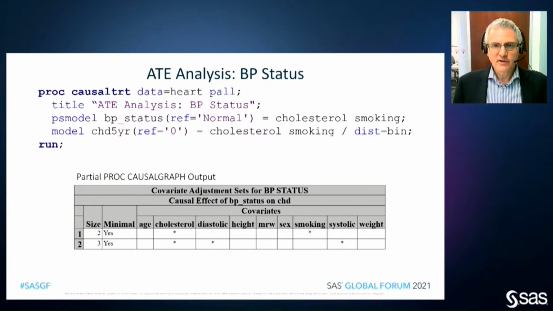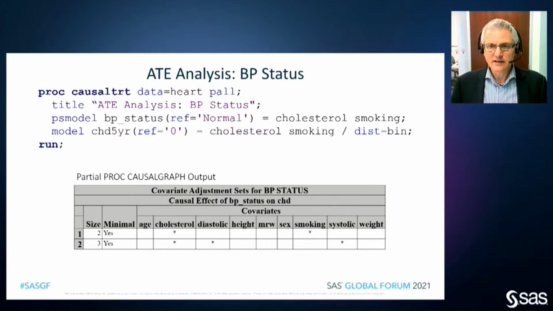Conditional independence is satisfied if you adjust for all the confounders, that is, the factors that impact both the treatment and the outcome. Now, this adjustment set, again, was identified with PROC CAUSALGRAPH. If the graphical model that we specified in PROC CAUSALGRAPH is an accurate representation of the data generating process, and we specify the adjustment set on both the model and PS model statements, then we satisfy this independence assumption.